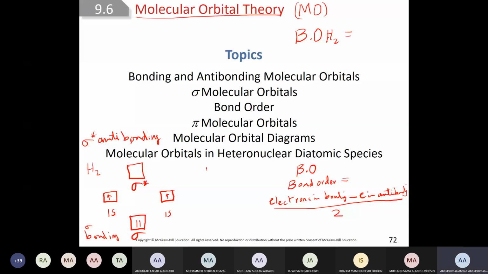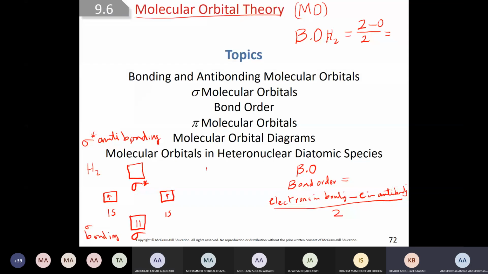How many electrons do you have in bonding? 2. And how many in anti-bonding? 0. Divide by what? 2.